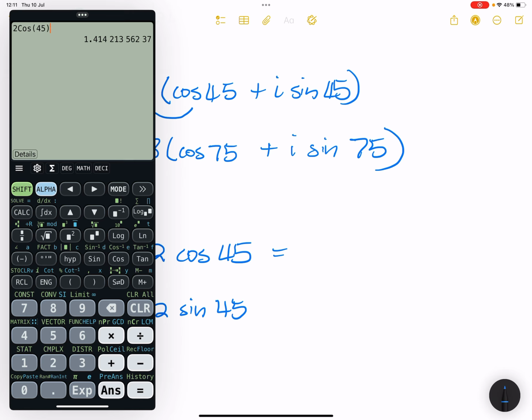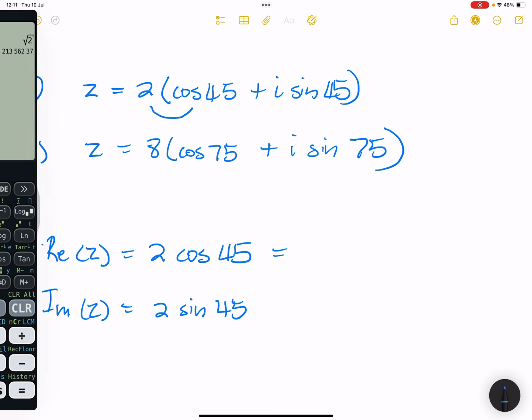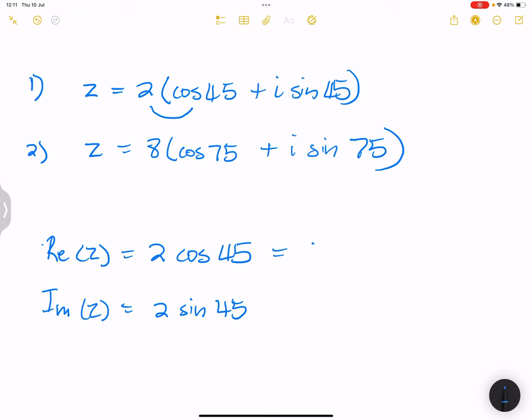And by the way, cos 45 is a special angle. That's 1 over root 2, or you can say root 2 over 2. So you are simply saying that's 2 into root 2 over 2.